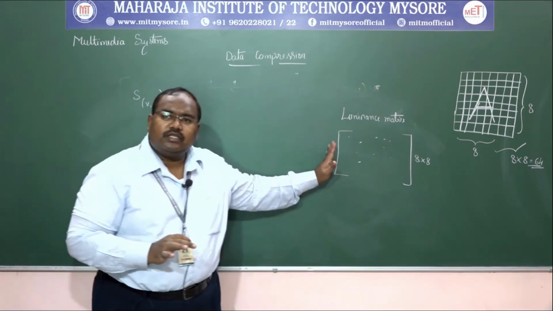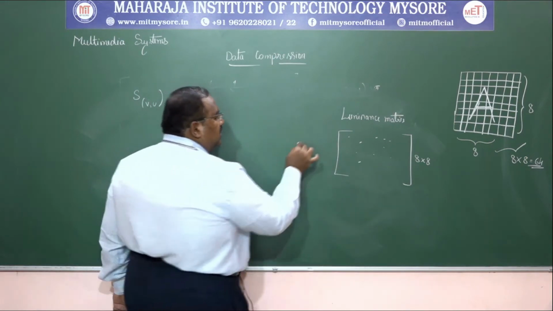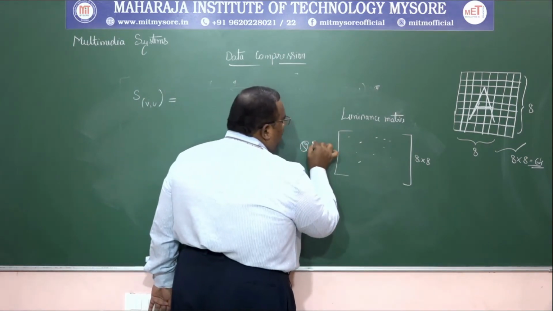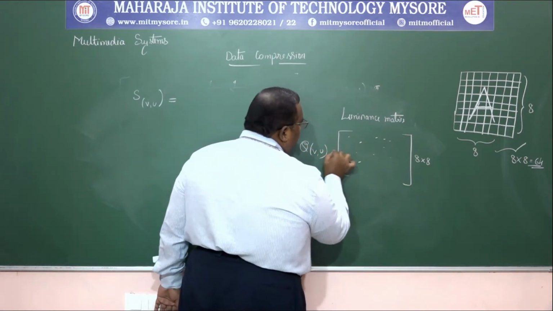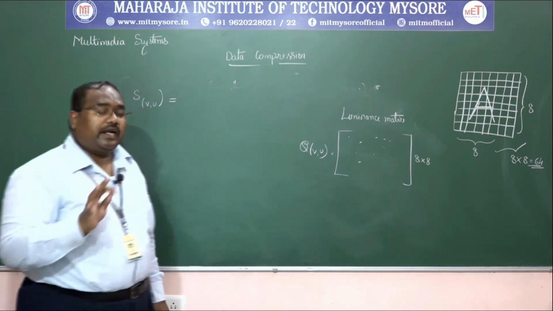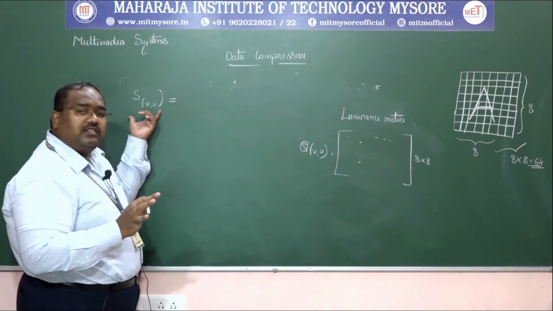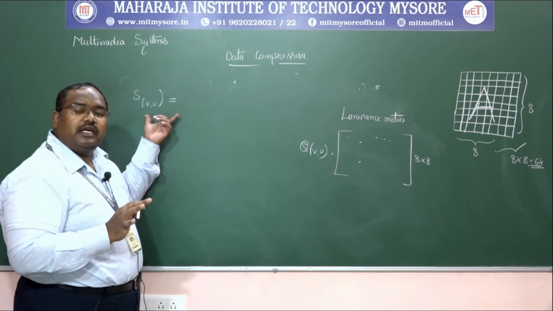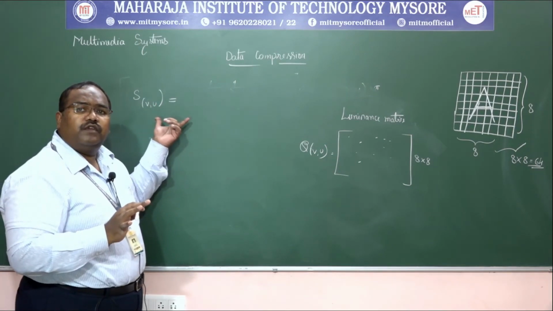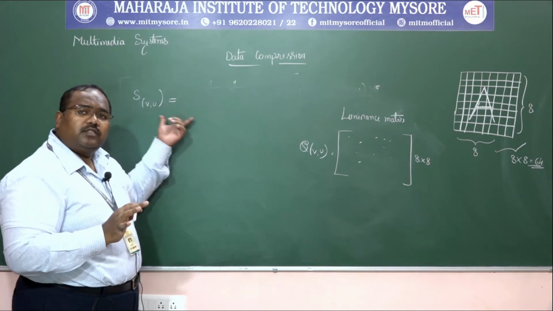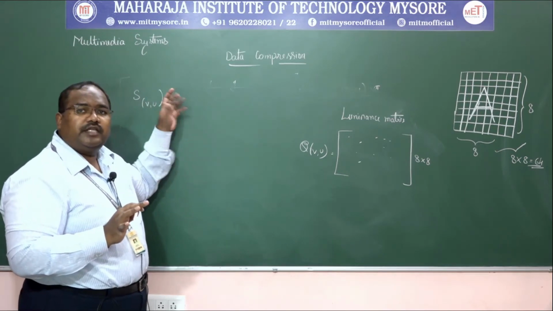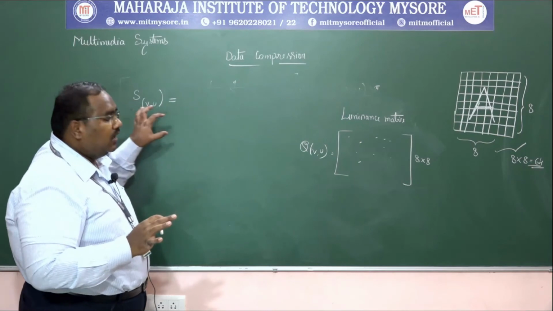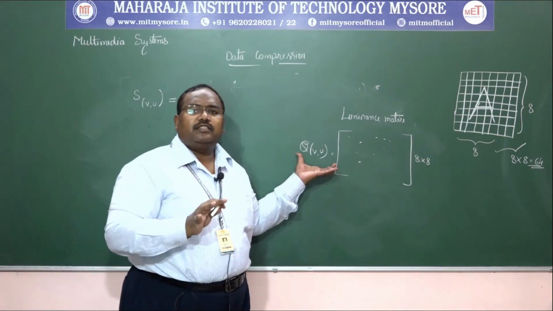We have this matrix as Q of VU. Now we have two matrices. One is S of VU, that is what we obtained after the conversion from the 0 to 255 range to the minus 128 to 127 range, and the second one is the Luminance matrix.